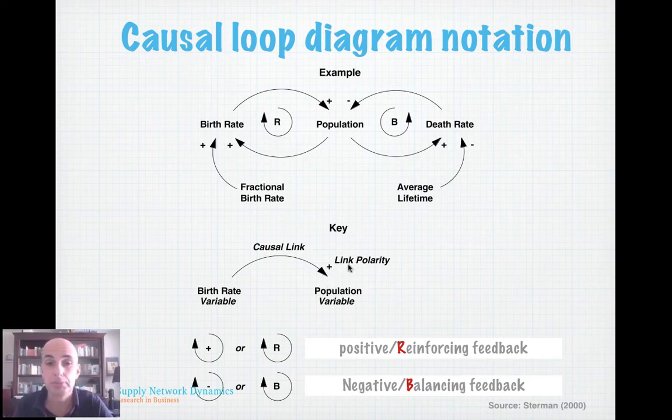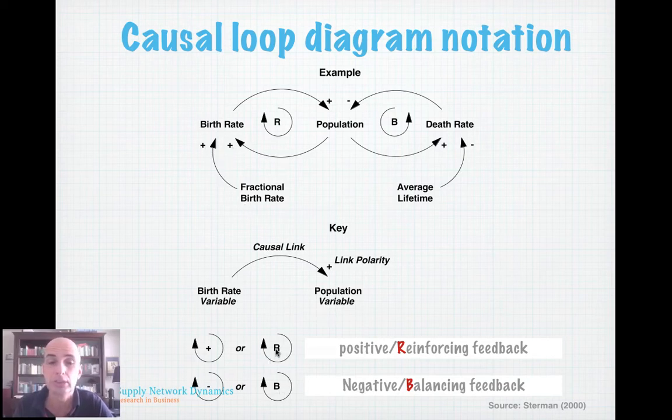So this is called the polarity of the link, which can only be plus or minus. And in the middle you see these R's and these B's, the loop identifiers. They identify that there's a loop, but they also identify if that loop is positive or negative. Positive and negative can be confusing because you also have pluses and minuses at the arrows.